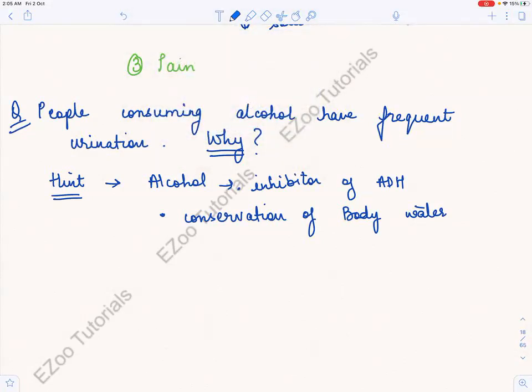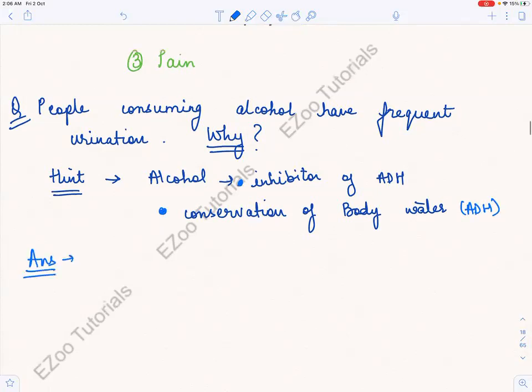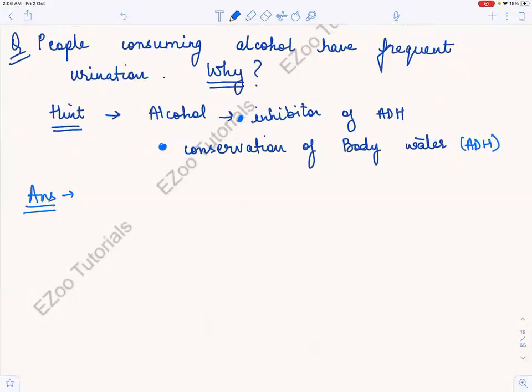The hints are that alcohol is the inhibitor of ADH and ADH is helping in conservation of body water. So what will be the answer? Think for a minute and tell me. Right? So antidiuretic hormone is acting in conservation of body water.